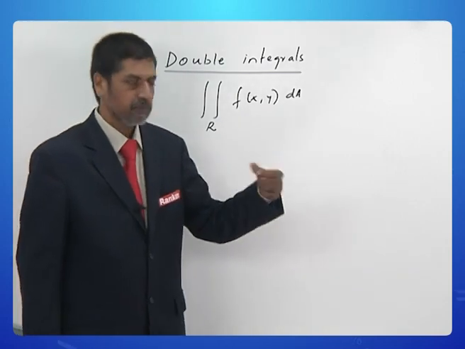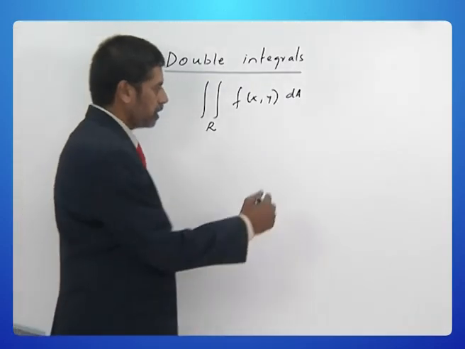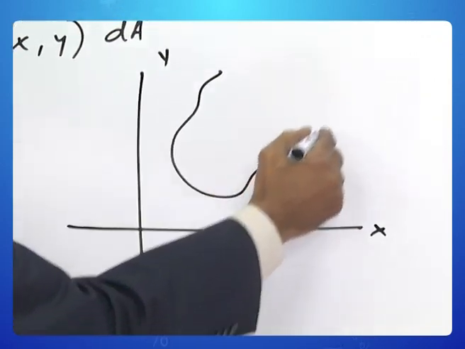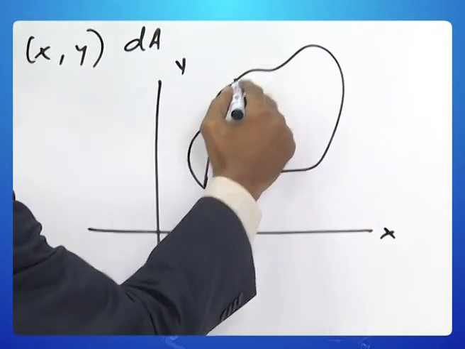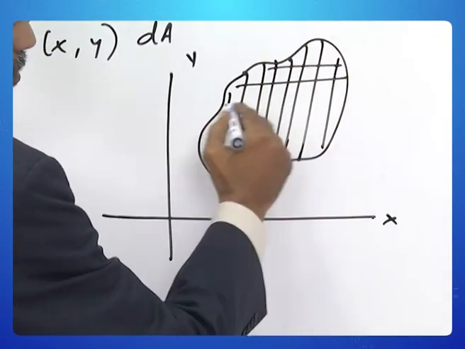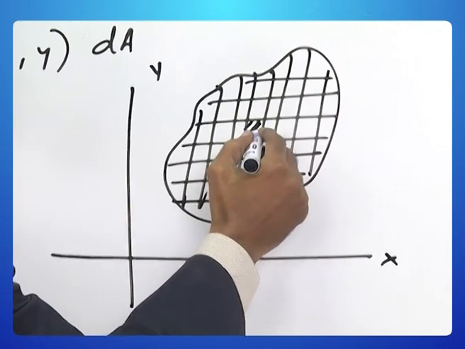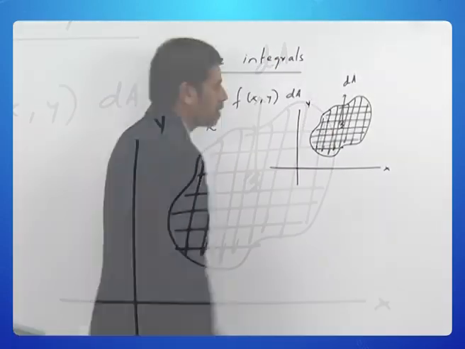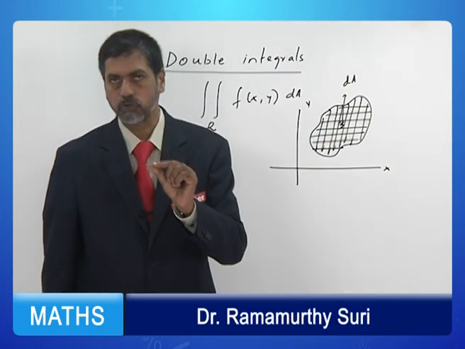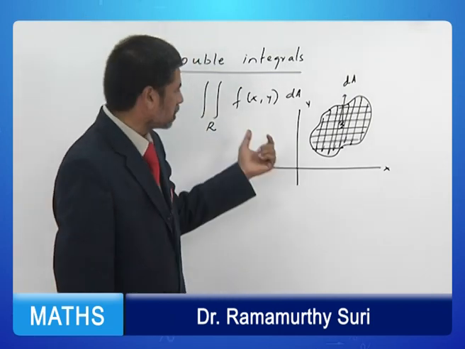Geometrically it represents a surface, and dA happens to be an area element of this particular region R. So dA can be visualized as the area of an infinitesimally small rectangular area. So one can easily understand the geometry.